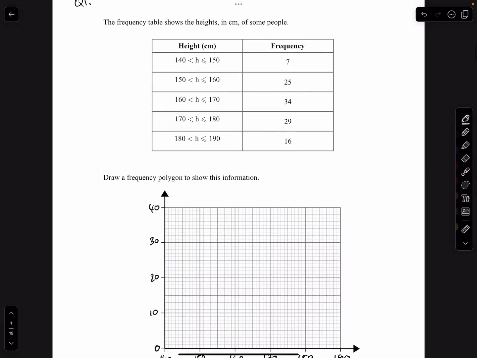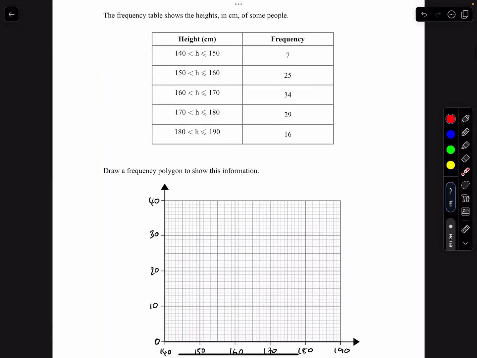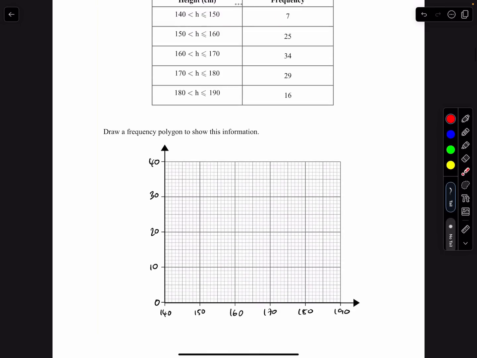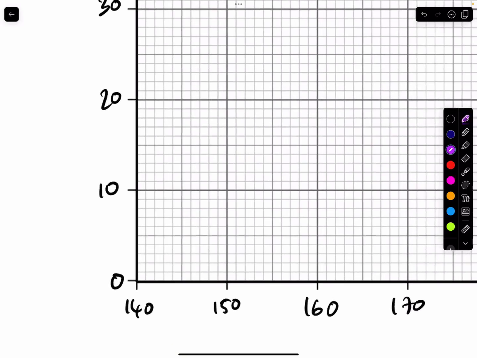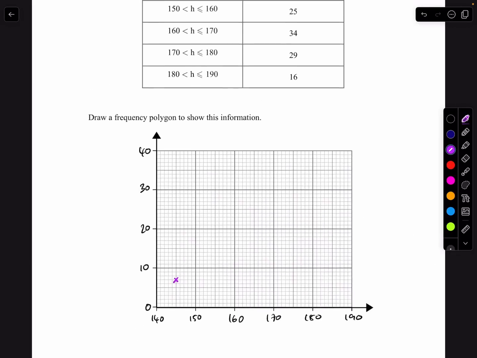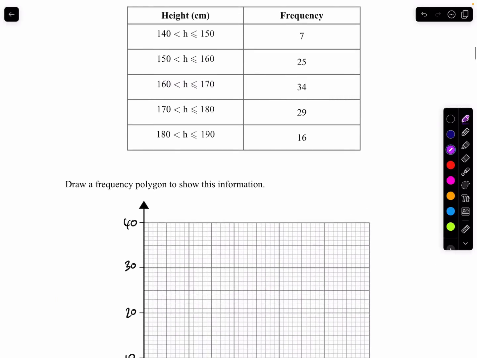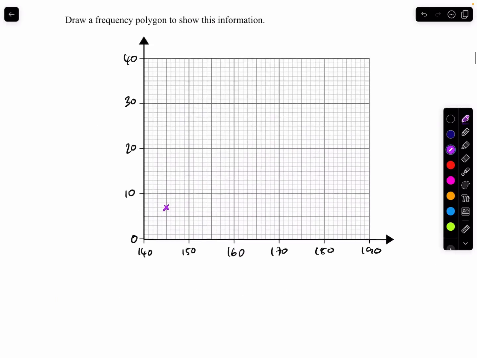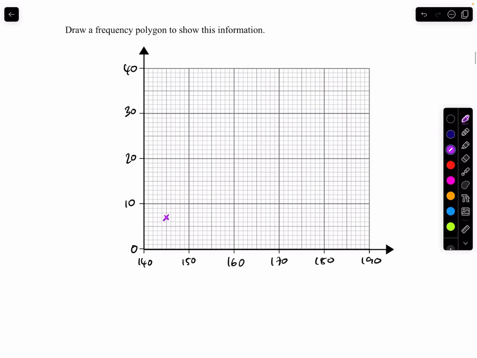So it's all about plotting now. So the first one, we're going to plot the 7 on the midpoint, in the middle of these numbers, okay, which is 145. So 7 on 145. So we're going to have to find 145, which I showed you before, and then go up and count 7. So 7 is right there. So there, that's the first mark done. Then we've got what, 25 on 155. Okay, so 155 and 25.